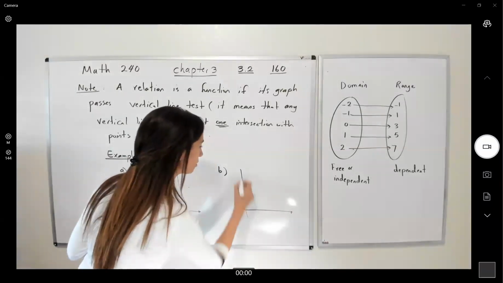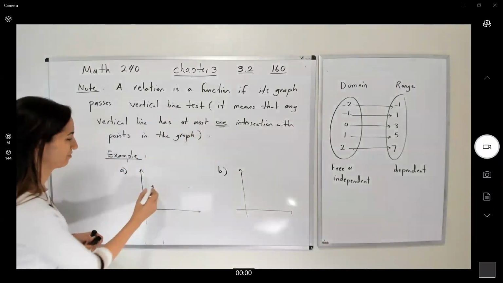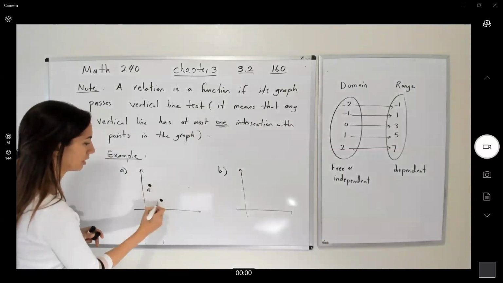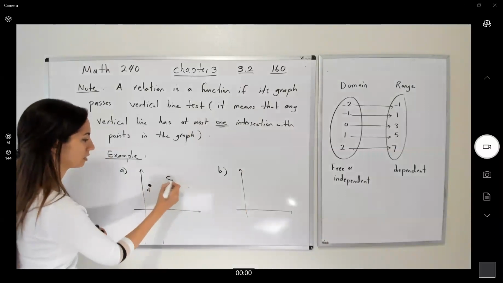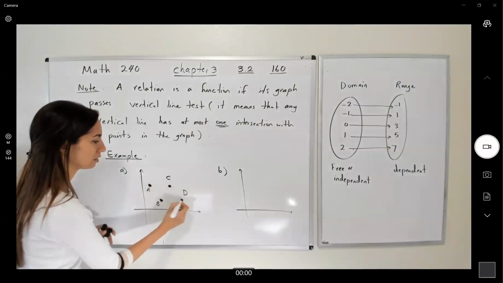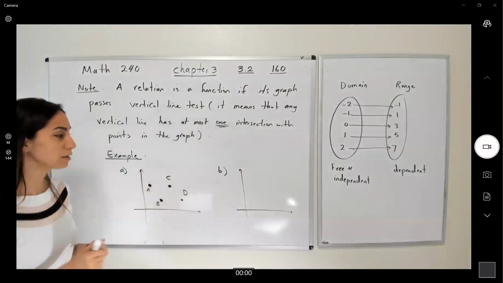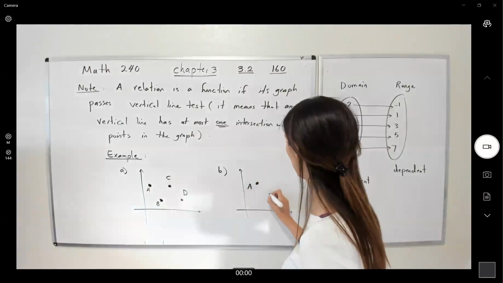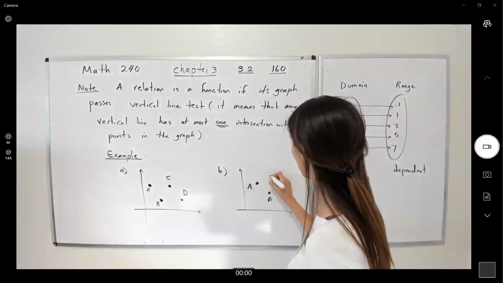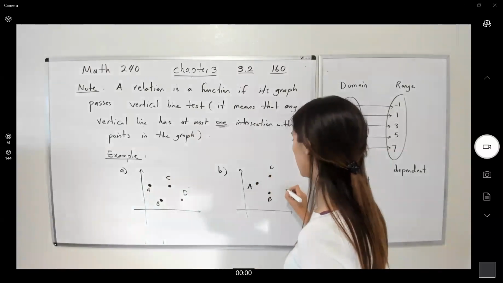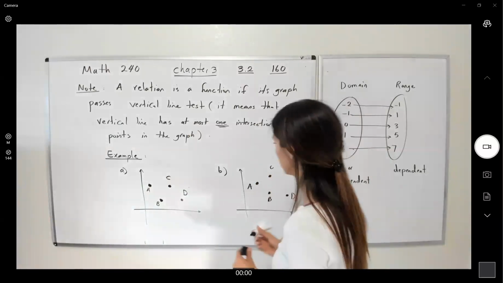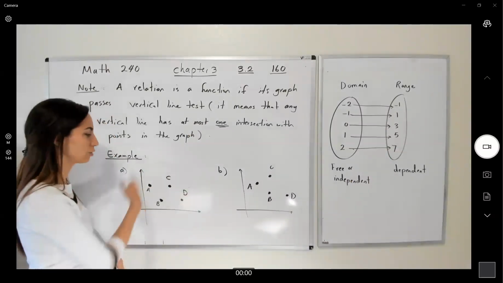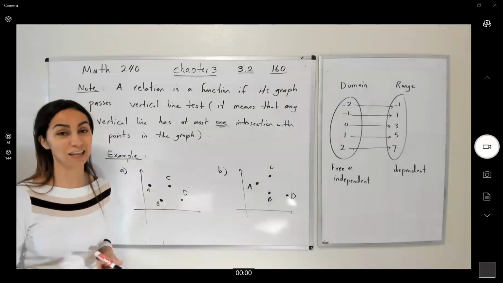Your first relation has some points, the first point, the second point; let's call them A, B, C, D. And your second relation has point A, point B, and C, and point D. These 2, of course, are relations, including some points in the xy plane.